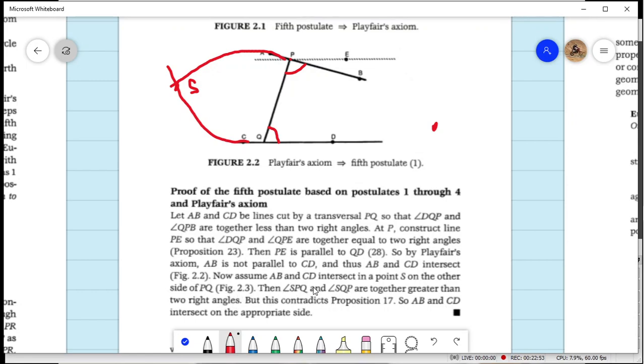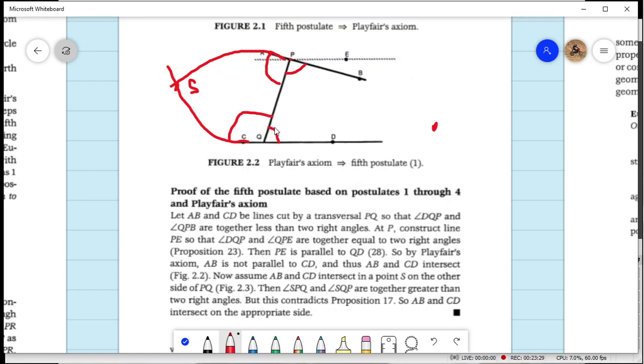Then angle SPQ together with SQP, this angle here, would be greater than 2 right angles.